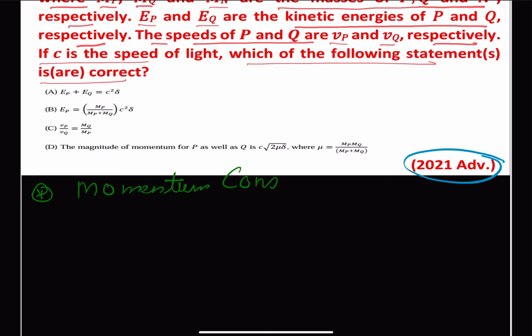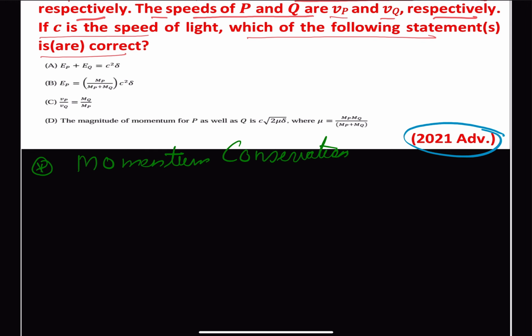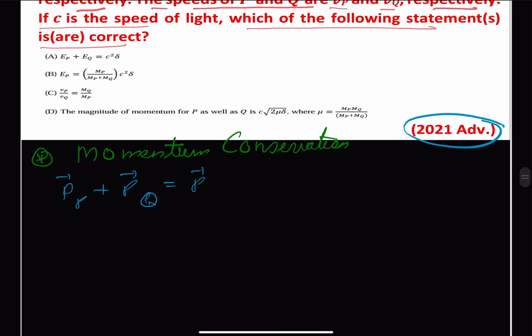We can write that momentum of P plus momentum of Q will be equal to momentum of N. But initially N is at rest, therefore momentum of P plus momentum of Q will be equal to 0, and this can be written as momentum of P is equal to minus momentum of Q.